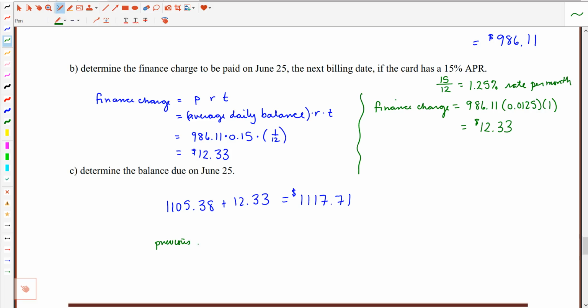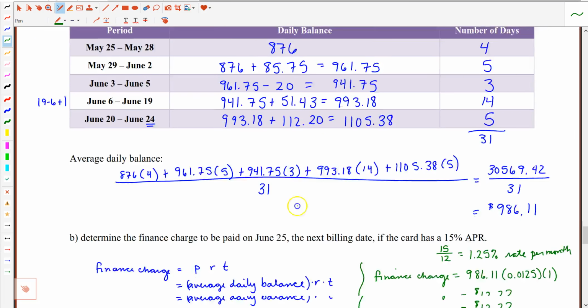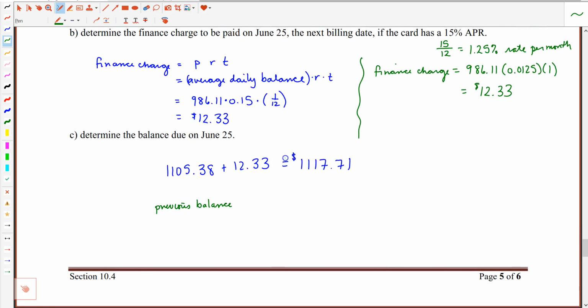And this is actually how they break it out on the top of a statement. They say the previous balance was the $876. They're going to add your new purchases, which would be $249.38.